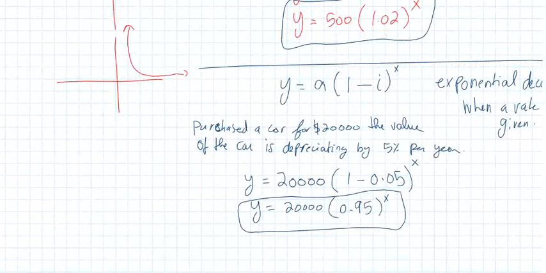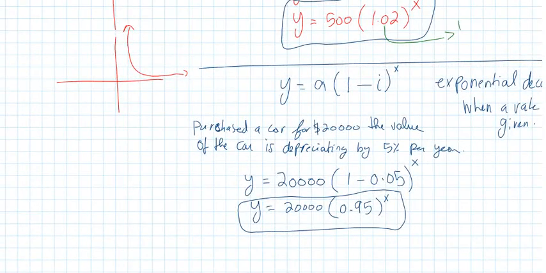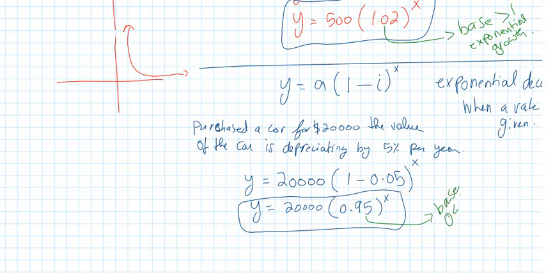If your base is between 0 and 1, then it's an exponential decay.